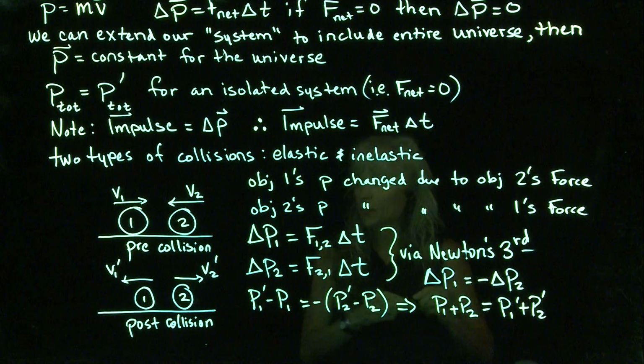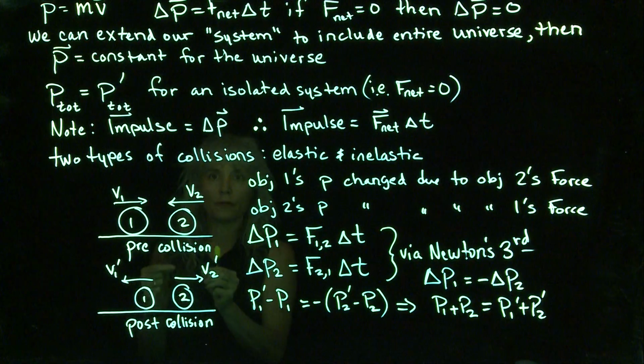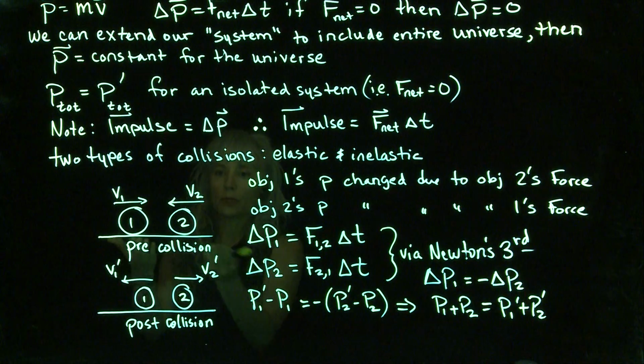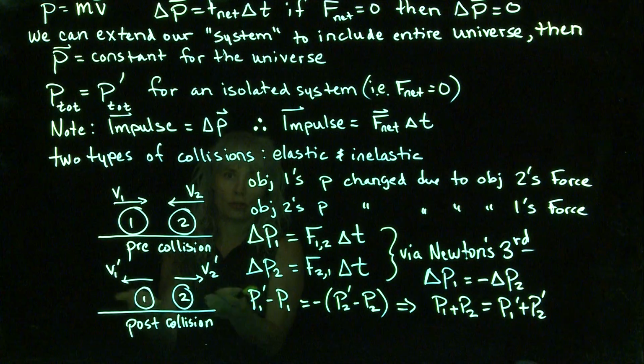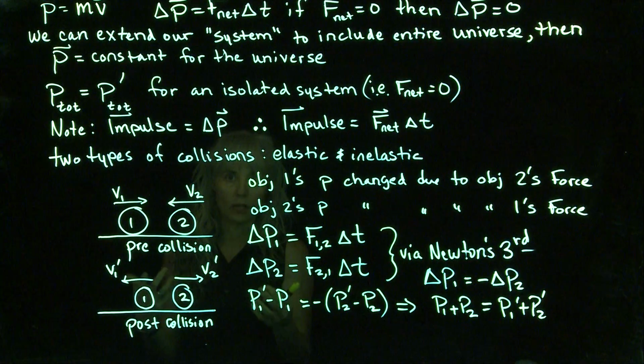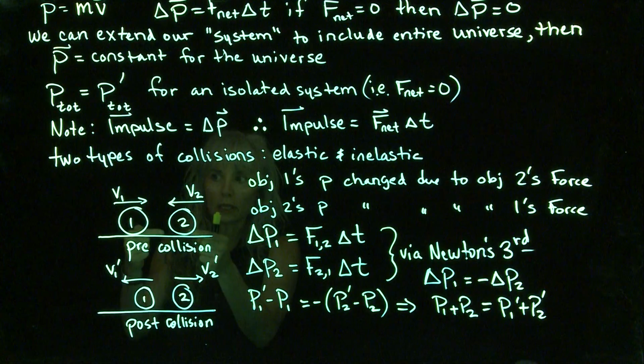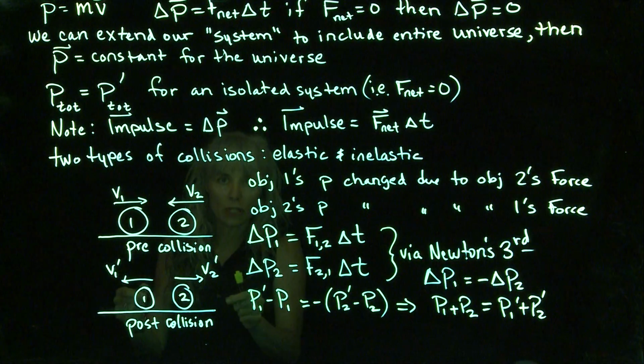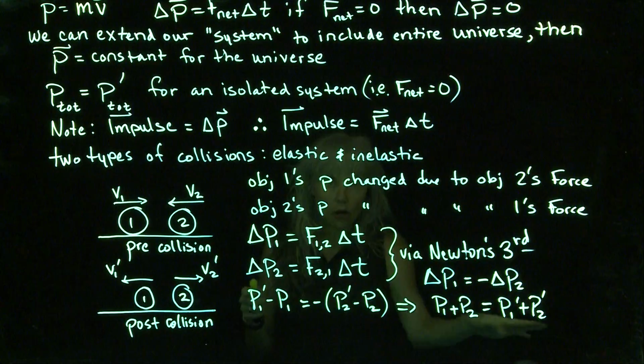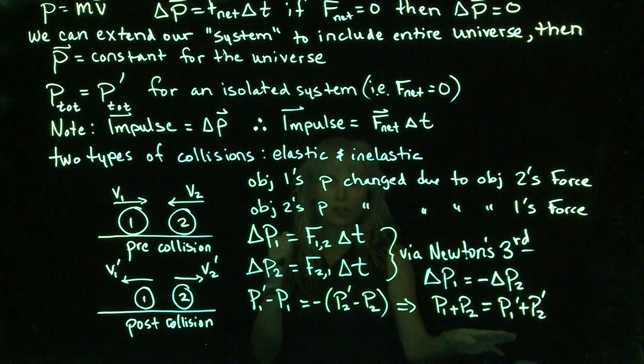Now, notice that the collision takes place over a very small space. In other words, there could be friction on this surface that's going to eat away at the velocity just after the collision. But just before the collision and just after the collision, this conservation of momentum must hold.